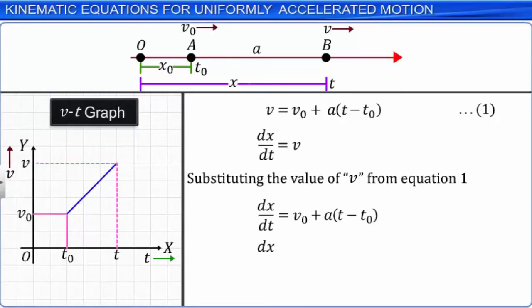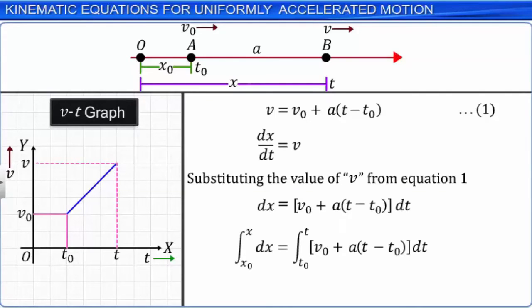Integrating both sides, we get x minus x0 equal to v0 into t minus t0 plus half a into t minus t0 whole square. This is equation 2 of motion.